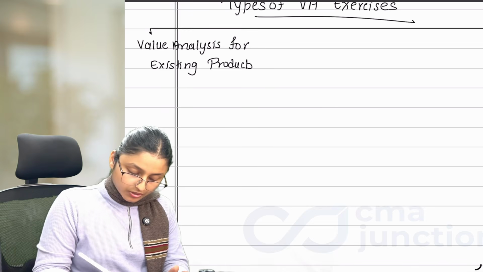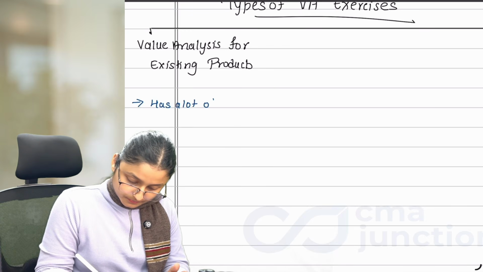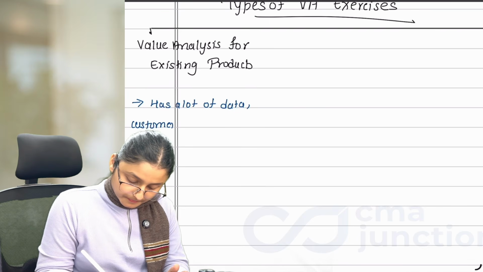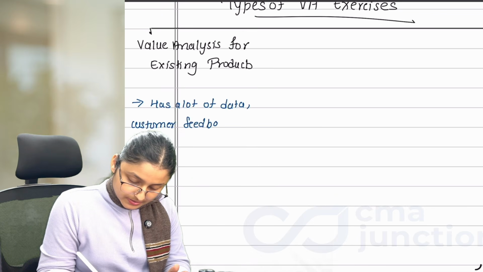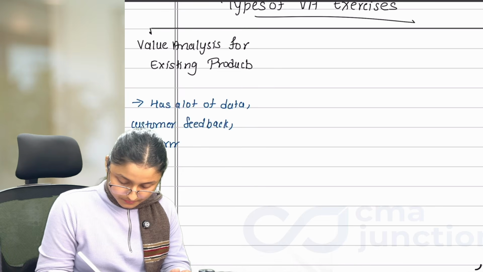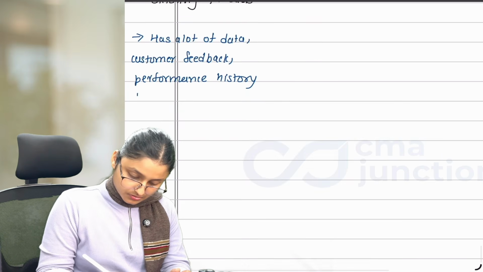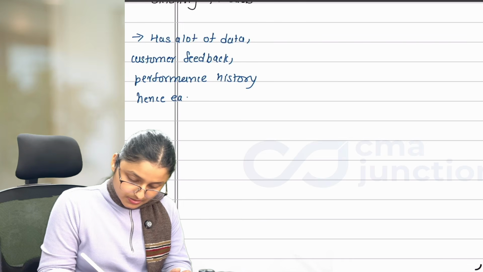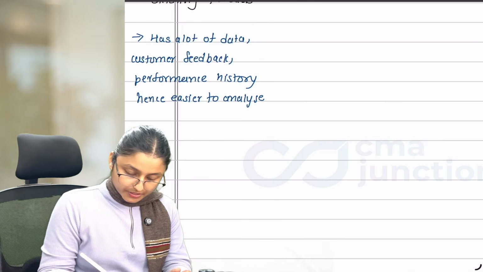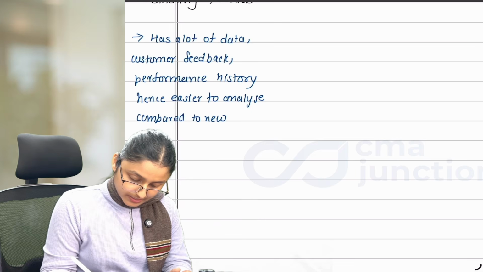So for existing products, we have a lot of data: customer feedback, performance history, hence easier to analyze compared to new products, right?